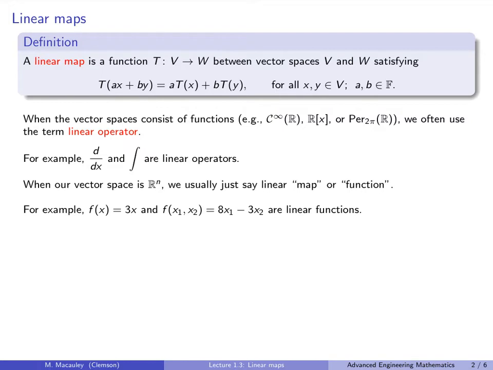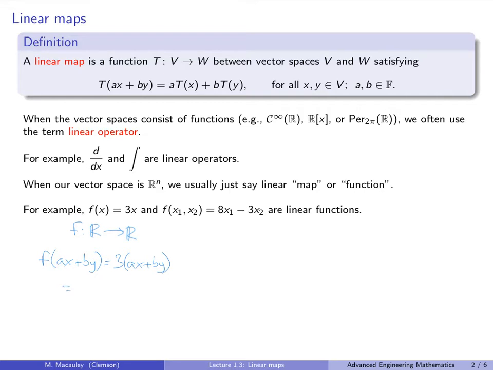So the first one, f, notice that this is a function from R to R, or R1 to R1. You input a number, you output a number. So here, my vectors and scalars happen to be real numbers. But let's just check that this indeed holds. So f of ax plus by, by definition that is 3 times ax plus by.